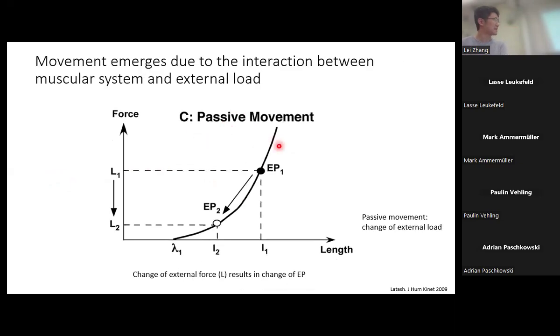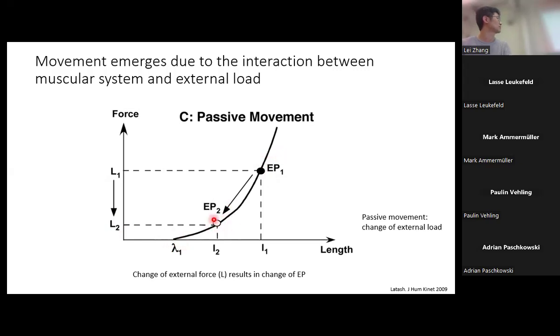And in passive movement, that means your brain doesn't want to change muscle length. So the zero length is fixed, so you have this curve here. But in passive movement, if you change the external force, previously we have L1. If you decrease the external force, then the new equilibrium position will be defined by the intersection between this line and this curve.